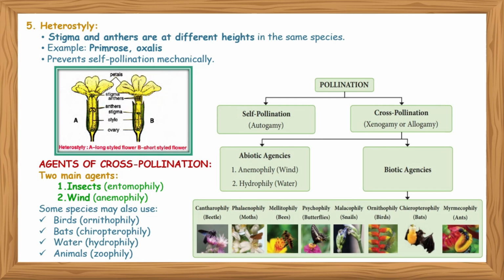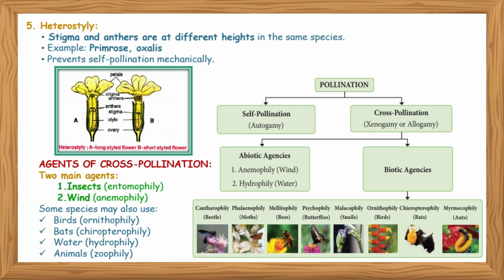Agents of cross pollination. There are two main agents. Pollination is of two types: autogamy or self pollination, and xenogamy or allogamy, which is cross pollination. Abiotic agents include anemophily, by wind, and hydrophily, by water.